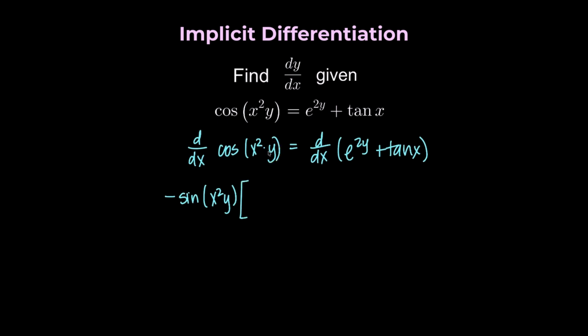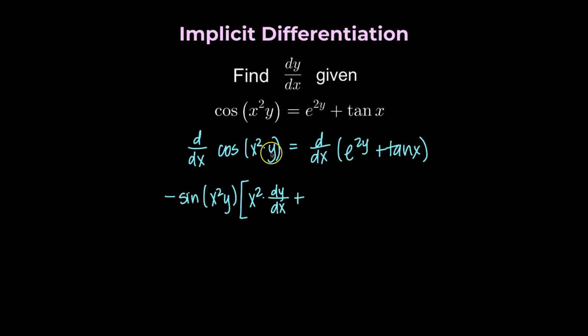I'm going to have a big bracket here, and then I'm going to leave this first function alone. So I'm going to leave x squared alone, times the derivative of the second function. Well, the derivative of y with respect to x is just dy/dx. We could also think the derivative of y is 1, and then with the chain rule, the derivative of y with respect to x is dy/dx.